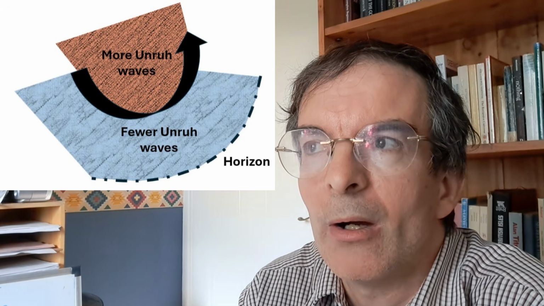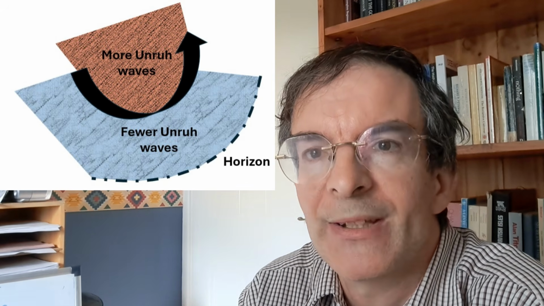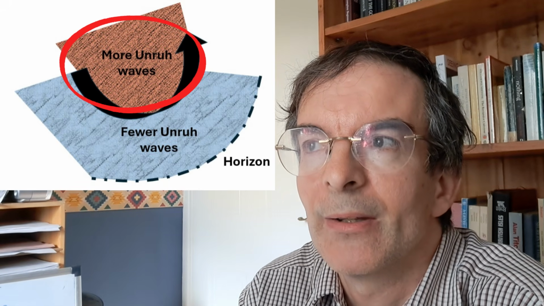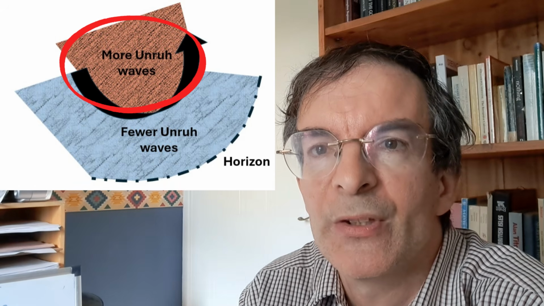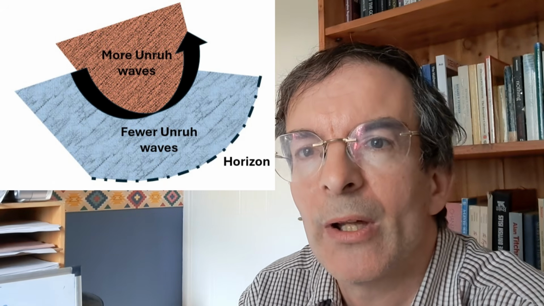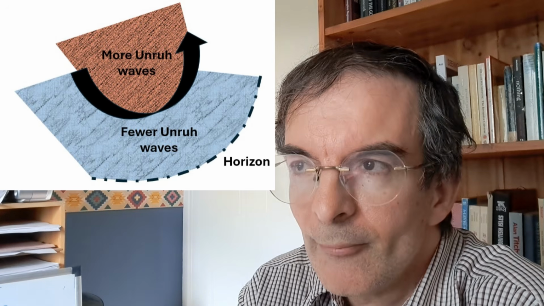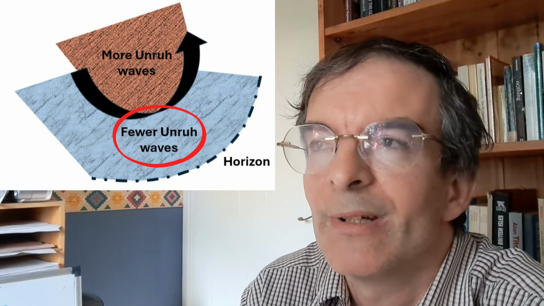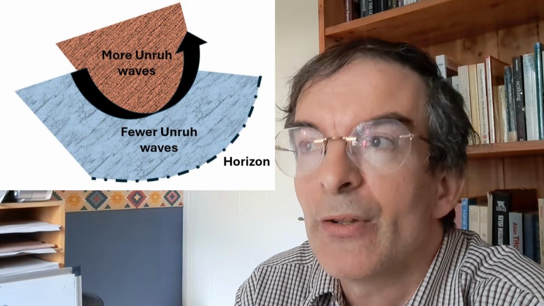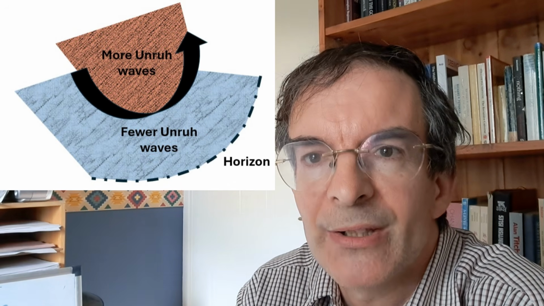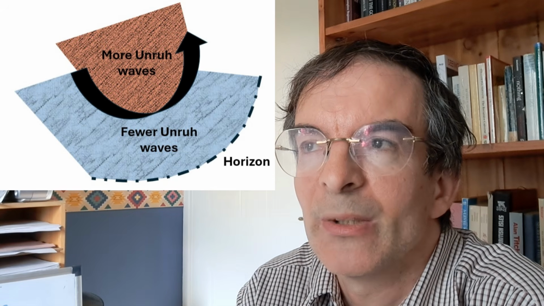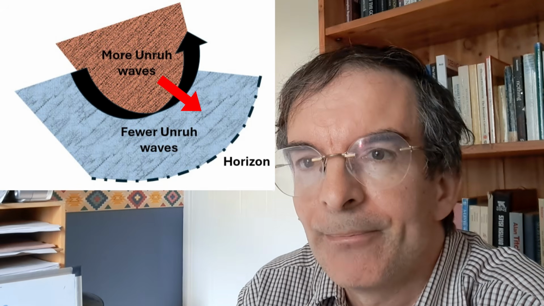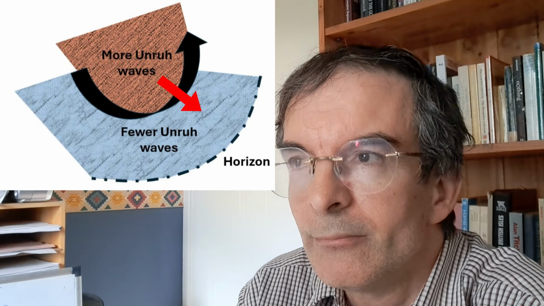It will also see Unruh waves, but on the left-hand side of the object, shown here, there'll be no less damping of these waves because there's only the cosmic horizon out there, and it's light years away. But on the right-hand side, there's a Rindler horizon, which can be much closer than the cosmic horizon. So that will tend to damp Unruh waves on the right-hand side of it. That means that it will feel more push from Unruh waves from the left than from the right, so it will tend to move out.